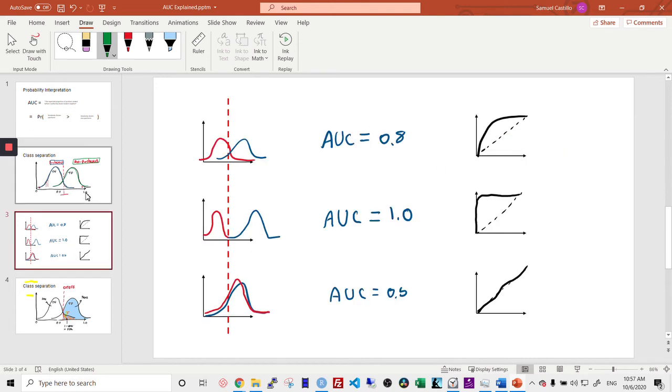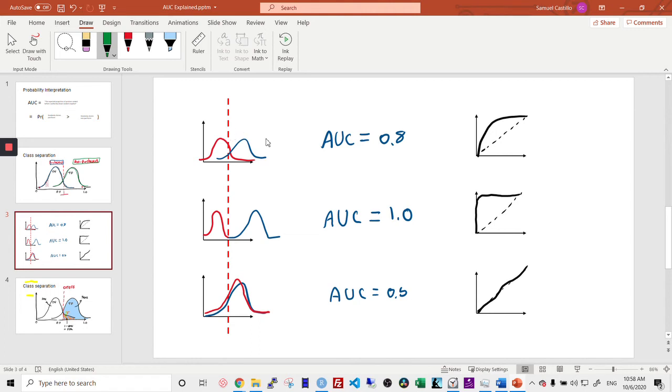So I'll link to you the video, and a good way to remember this, I think, is just looking at these pictures. So an AUC of 0.8 would be that there's some class separation, right? So the reds would be non-purchasers, and the blues would be purchasers.